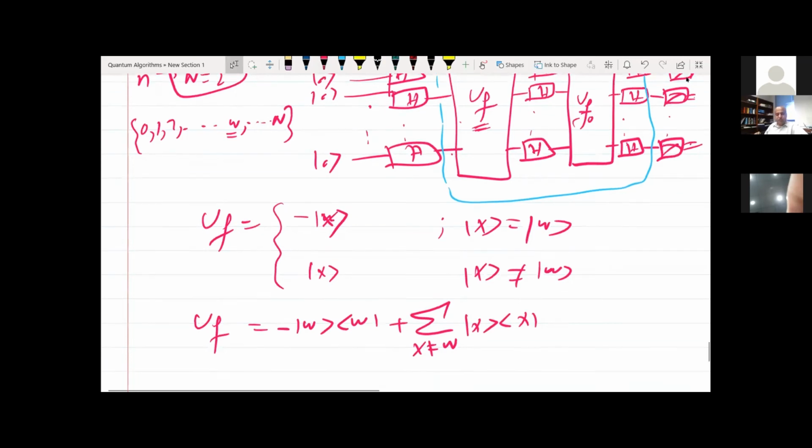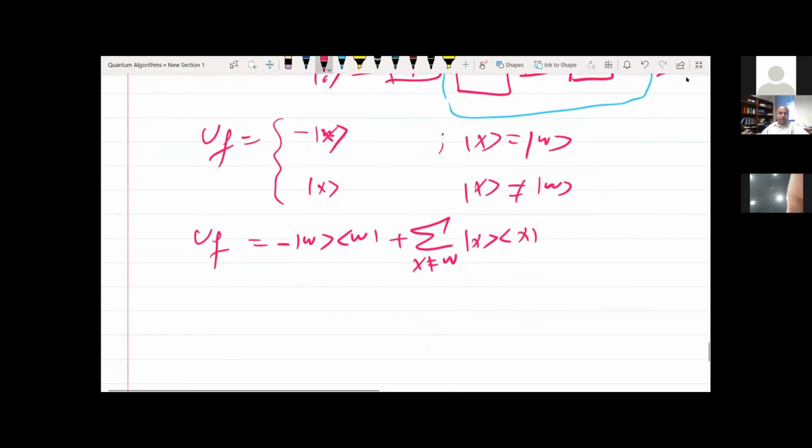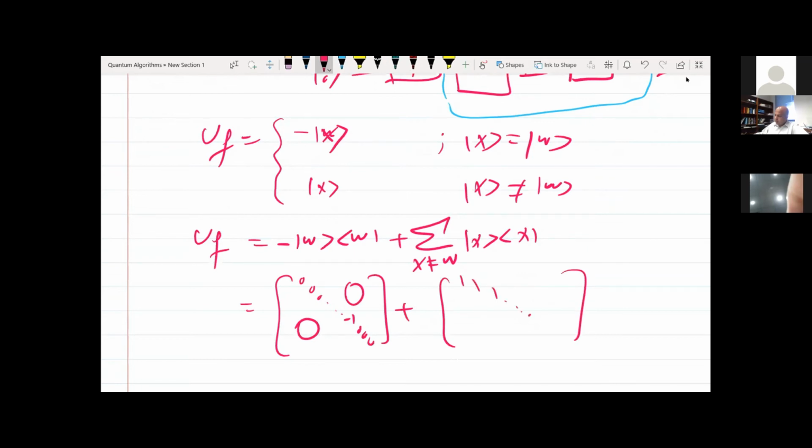So this is the operator form of this UF, and I can also write it like this. So suppose these are all zeros, 1, 1, 1, 0, 1, 1, 1.